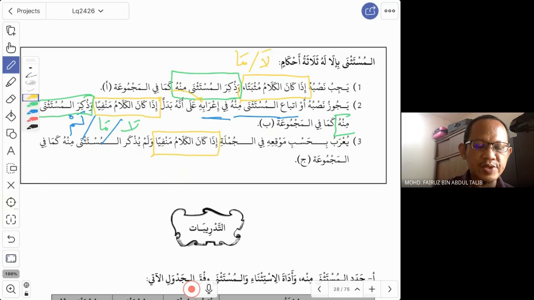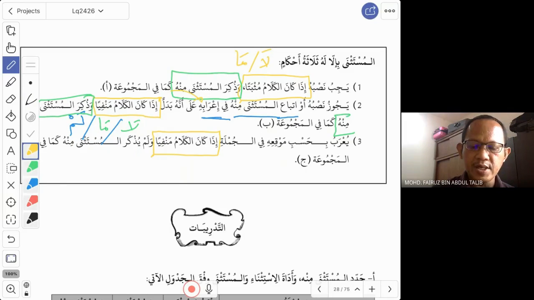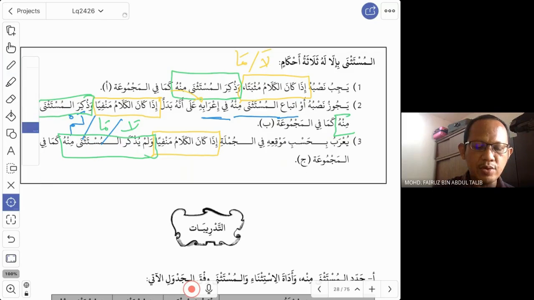And the second condition, which distinguishes this from the second one, is walam yuzkar al mustasna minhu. And mustasna minhu is not mentioned. So this is what distinguishes this from the second one. In the second one, it is also manfi, but mustasna minhu is mentioned. But in the third one, it is manfi, but al mustasna minhu is not mentioned.